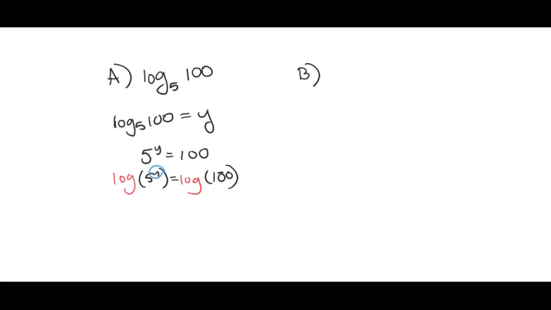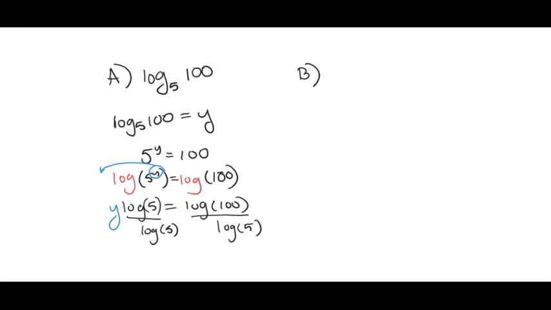We can bring down that y using our power rule. And we can divide it out to get what y equals. So y is going to be the log of 100 divided by the log of 5.